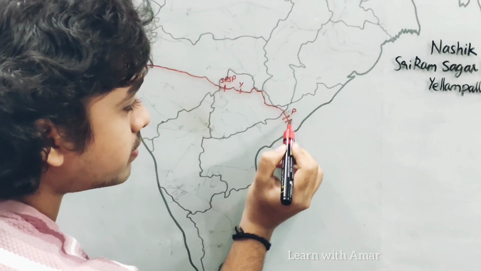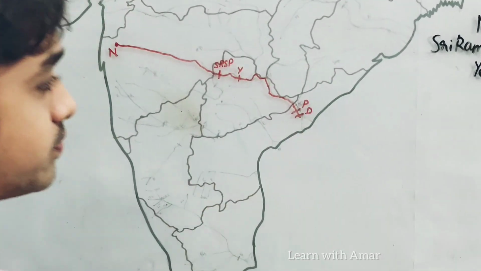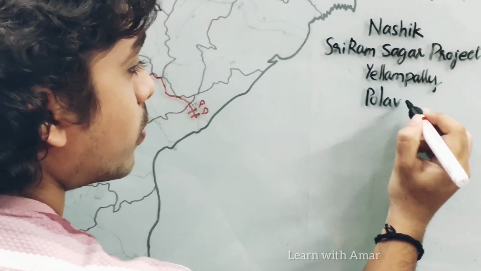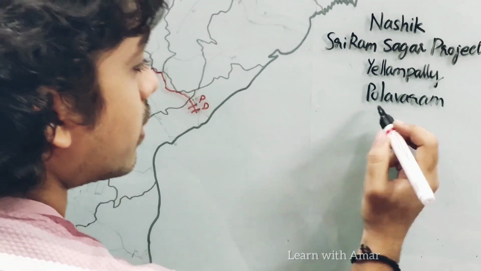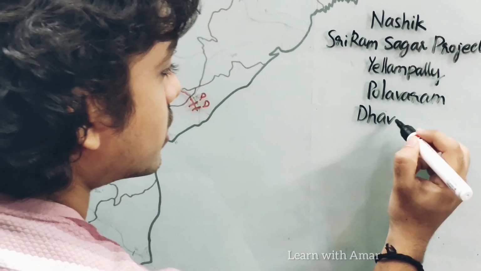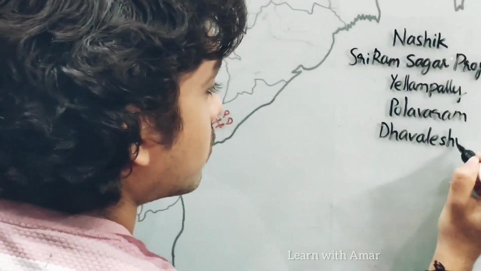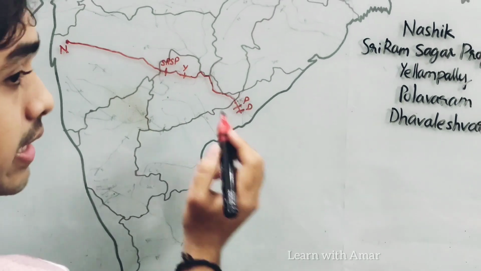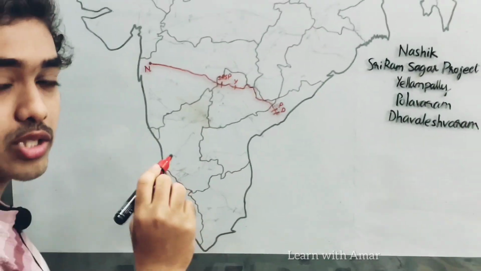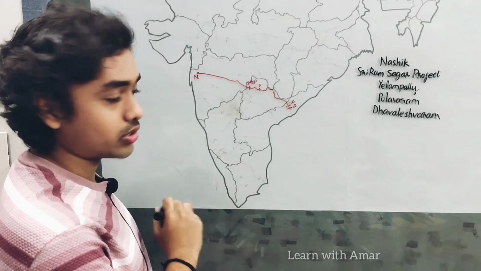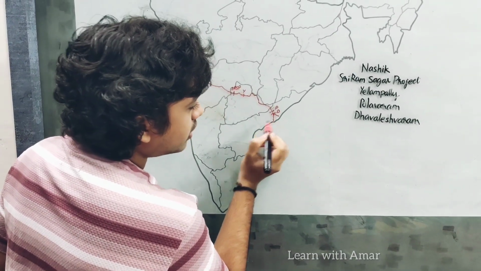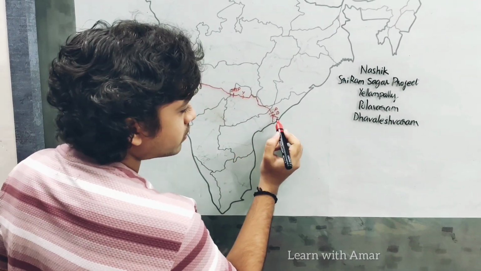This is Polavaram and this is Dhavaleshwaram. Polavaram project and the Dhavaleshwaram project. Here the Dhavaleshwaram project is also known as Sir Arthur Cotton project, and this is where, as a part of its delta, it divides into two.